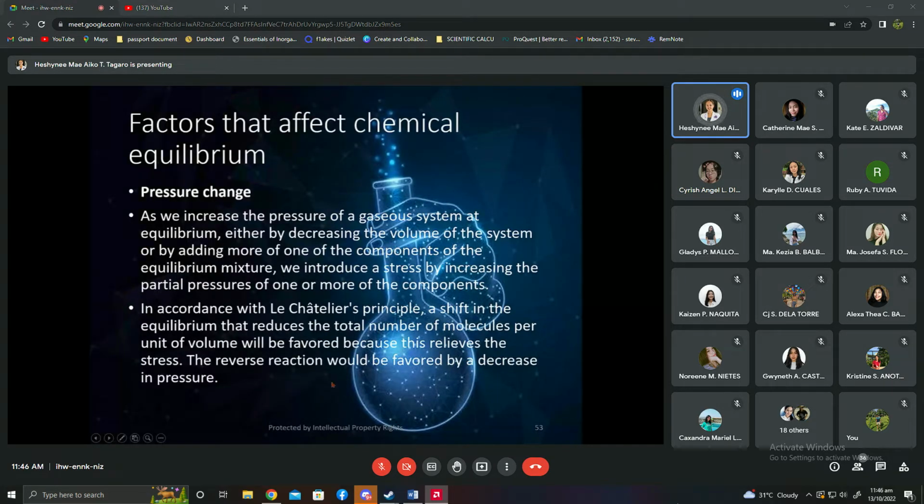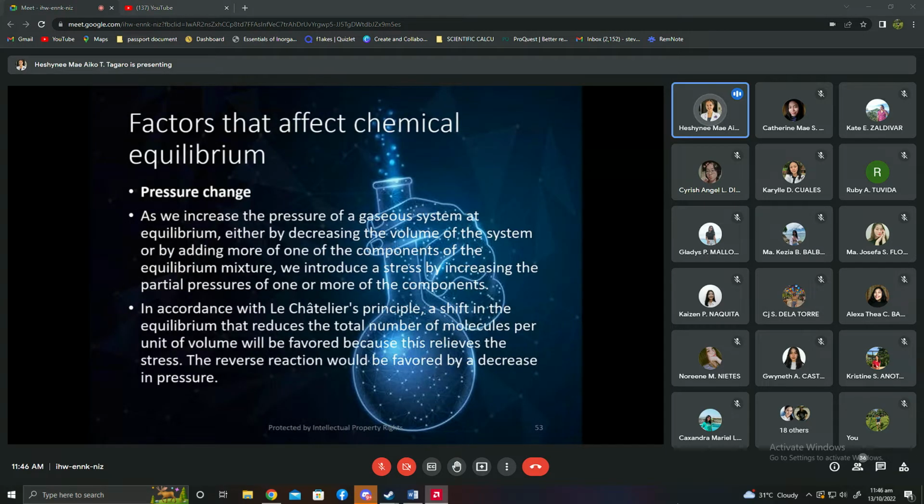Pressure and volume are inversely proportional. If pressure is increased, volume is decreased, and vice versa. Sometimes you will encounter problems wherein, instead of pressure, volume is the term used.